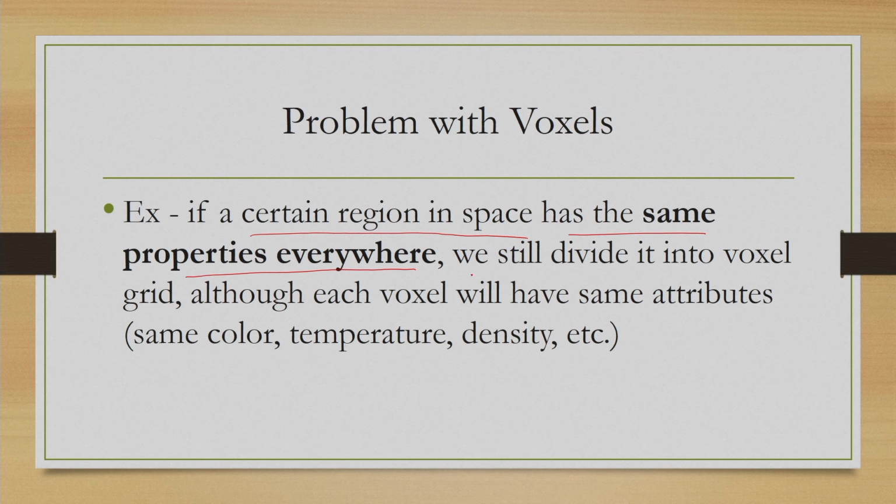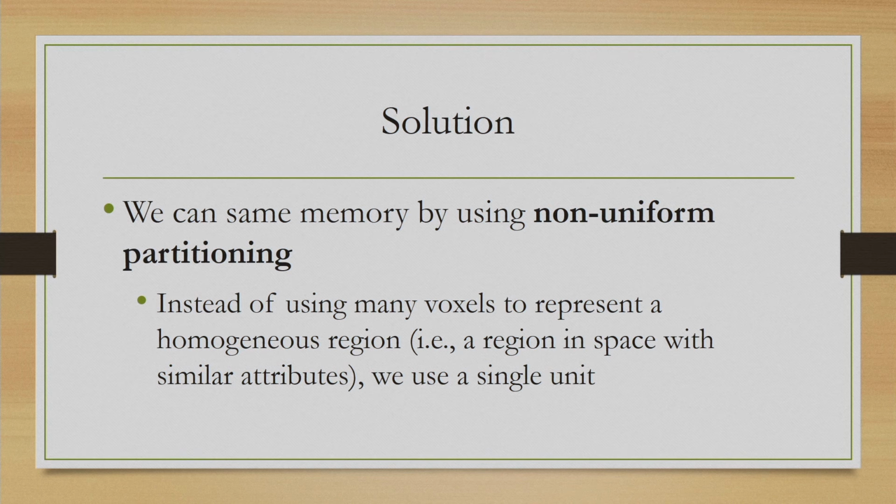Instead, what we do is still divide it into voxels, although each voxel contains the same attributes, because the broader region in space has the same property everywhere. So, we can actually save memory, there is a typo here, it is save, by using this idea of non-uniform partitioning.